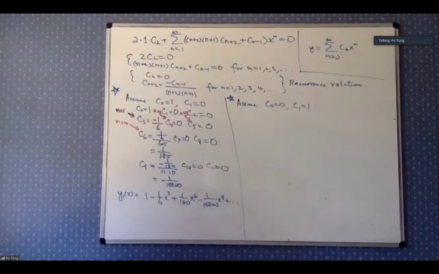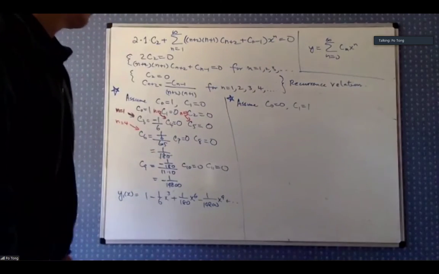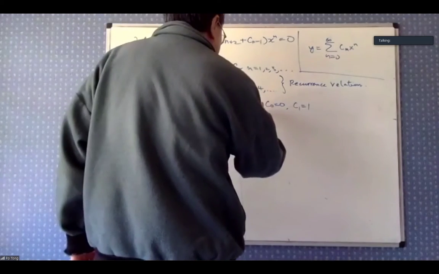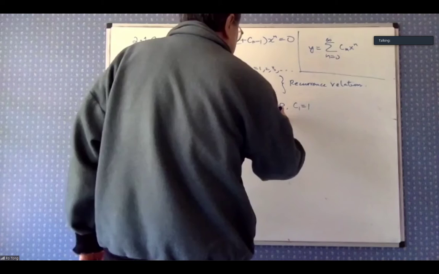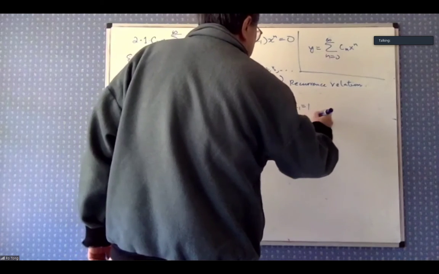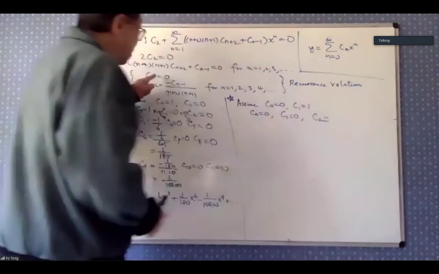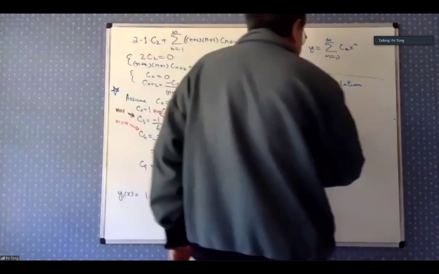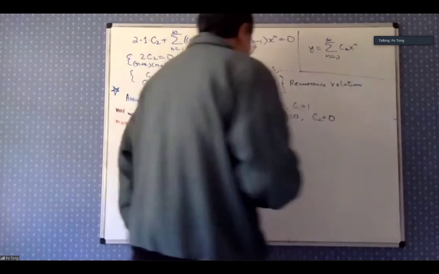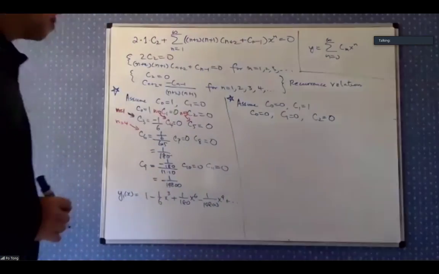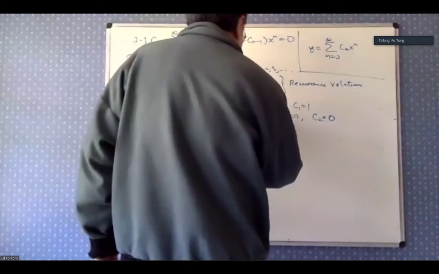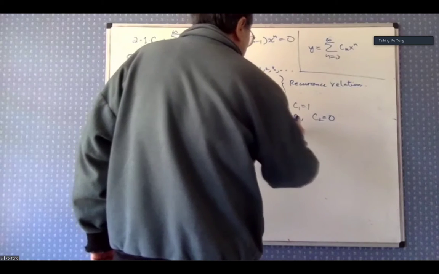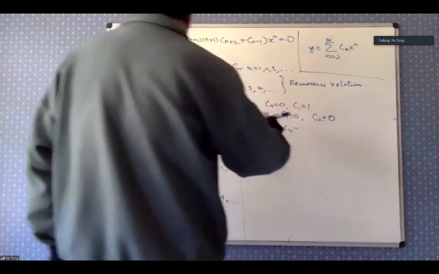Okay, so let's do the other one. If C0 equal to 0 and C1 equal to 1, what is C2 again? C2 is always 0 for this particular example. So in this case, what would be C3? C3 is 0. C4 is 0. Sorry, did I mess up?